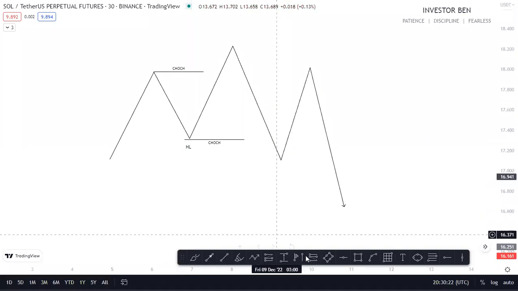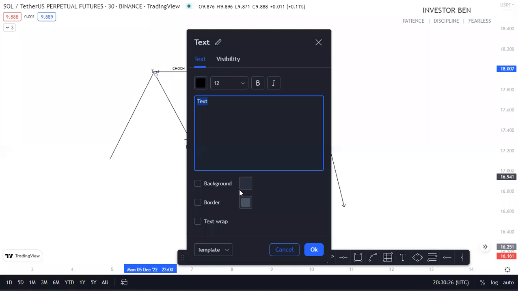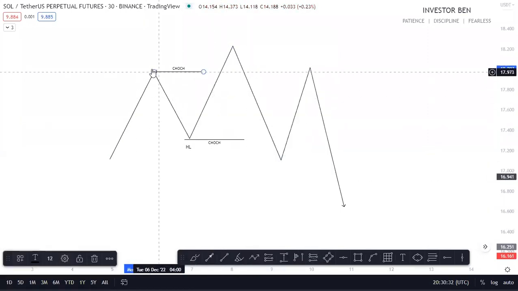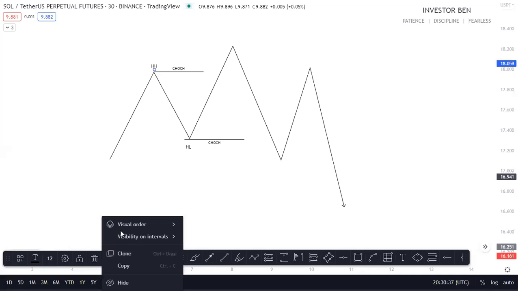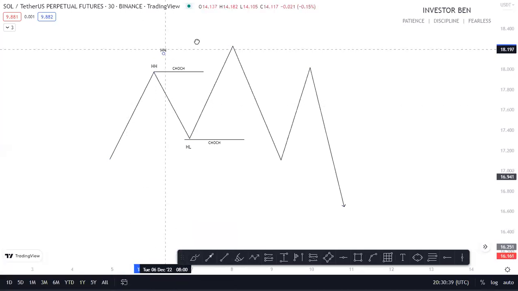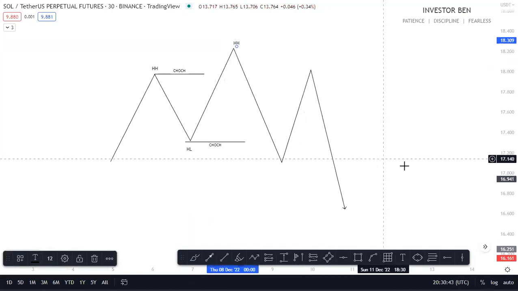I know that this is a higher high, this is a higher high, and you have another higher high at this point.